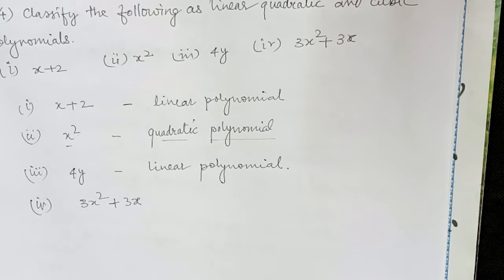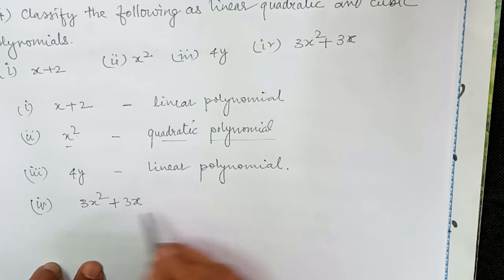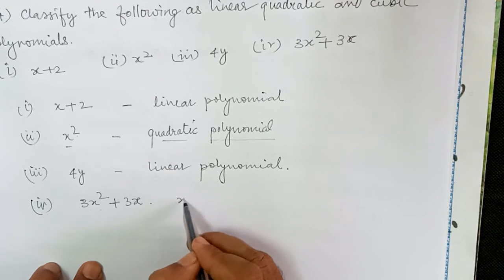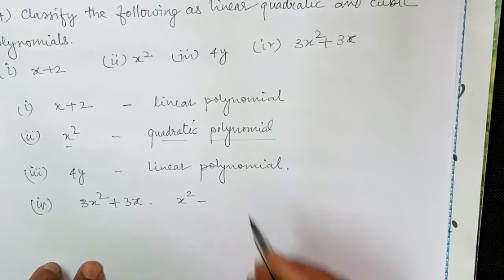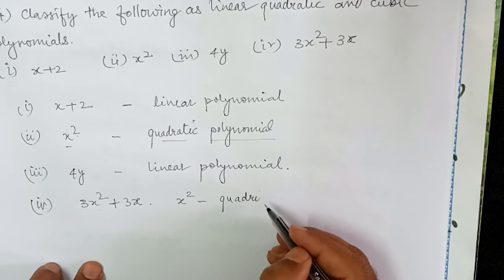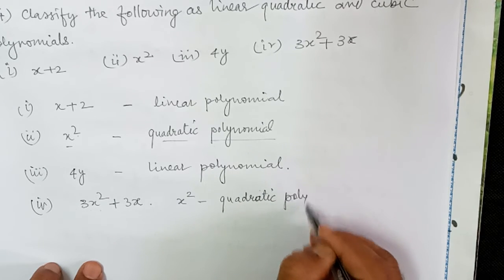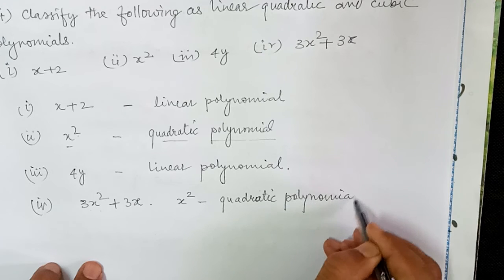Now here the highest power is 2, x to the power 2, so it determines that it is a quadratic polynomial.